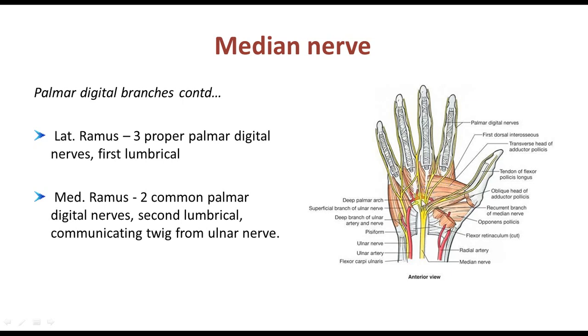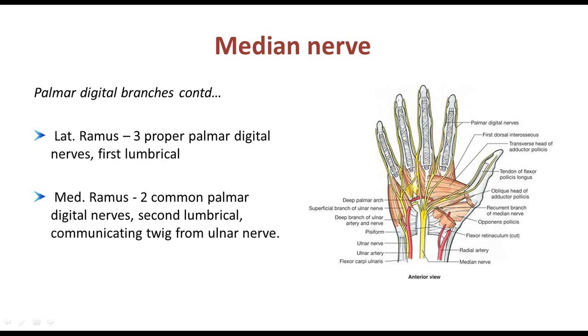Now from the medial ramus, you are able to see from the medial division, it gives 2 common palmar digital nerves. One common palmar again divides into 2 proper palmar nerves for the adjacent sides of the index and middle finger. So one common palmar divides to give 2 proper palmar digital branches.